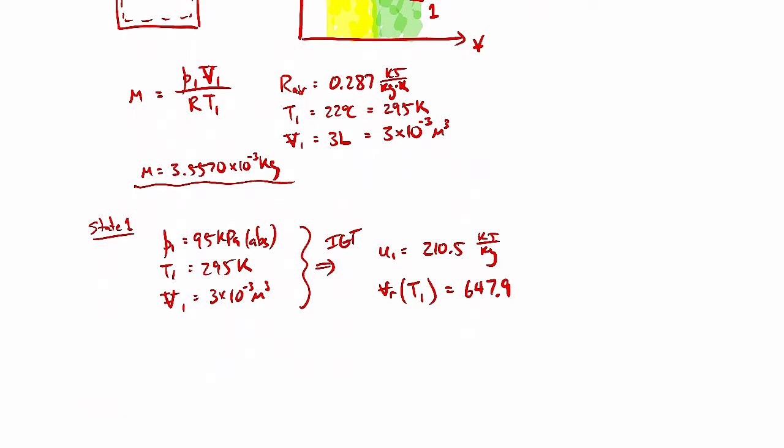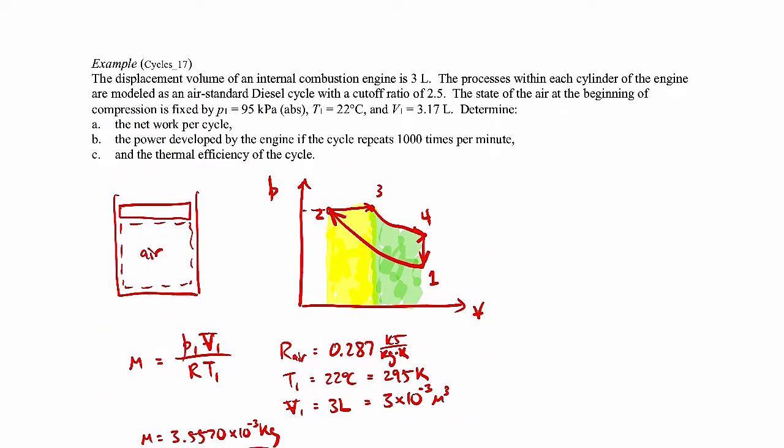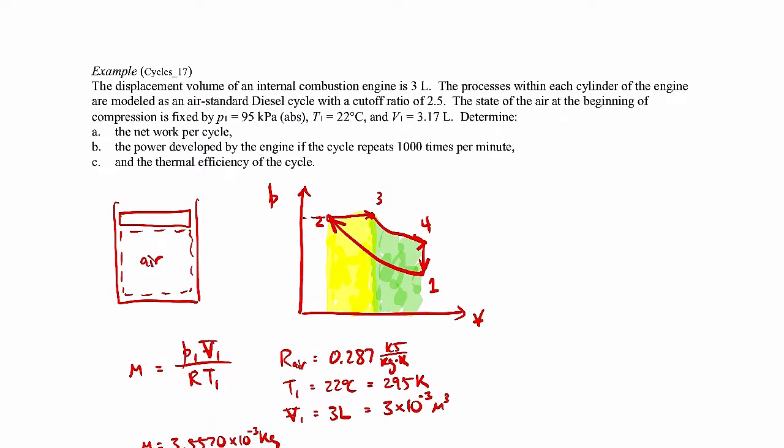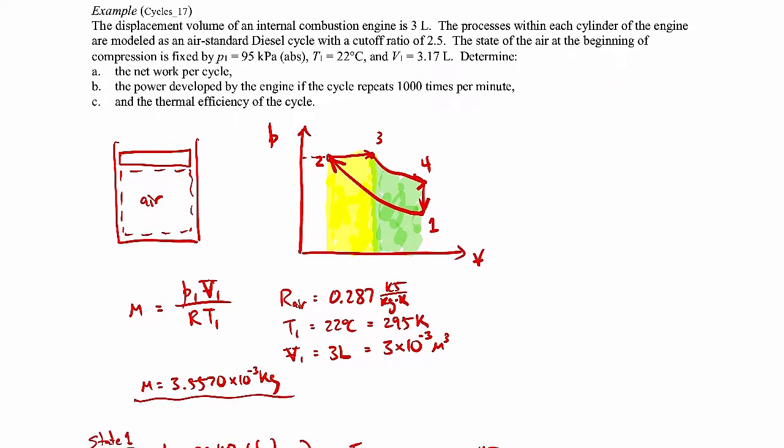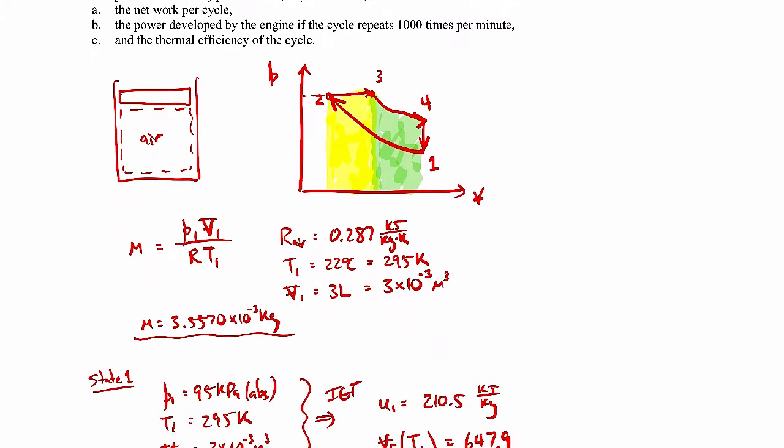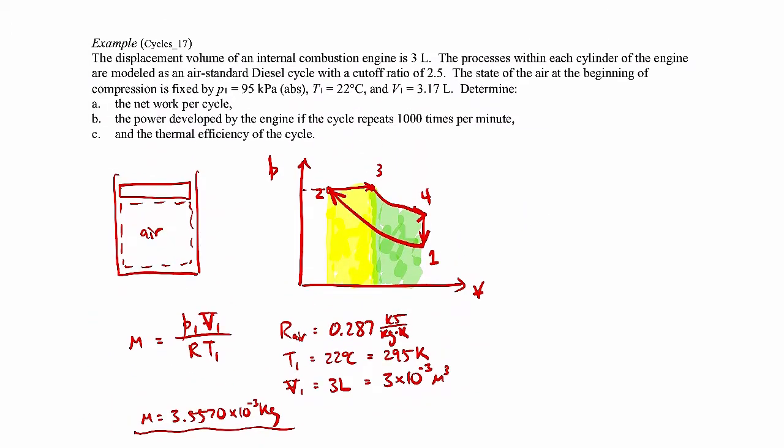Okay, now let's move on to state 2. When you go back up to the problem statement, you see that the only real information that we have about state 2 is that I think we're given the displacement volume. Actually, I take this back. I had the wrong V1 now that I look at the problem statement again.